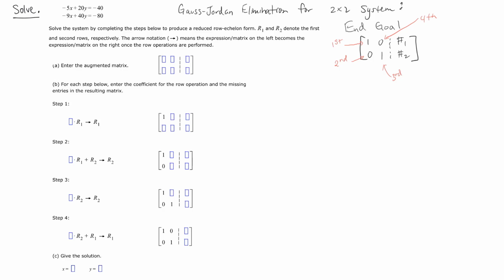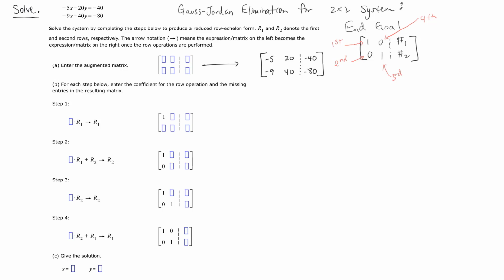I'm going to first mimic what's being asked. The first thing you do is write the matrix. I'm going to write it right here, -5, 20, -9, 40. And to augment this, you simply draw a little dotted line to separate your constants. Now keep in mind, each row is still representing an equation.